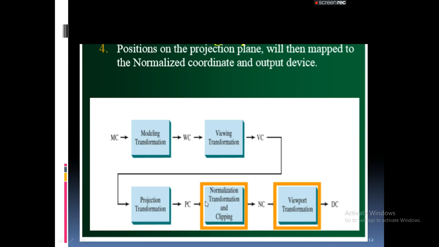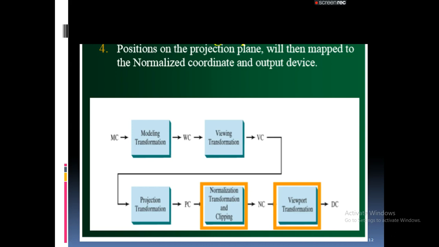That is called normalization. Once you perform normalization, as I said in the previous slide, the coordinate positions of the object will become device independent.